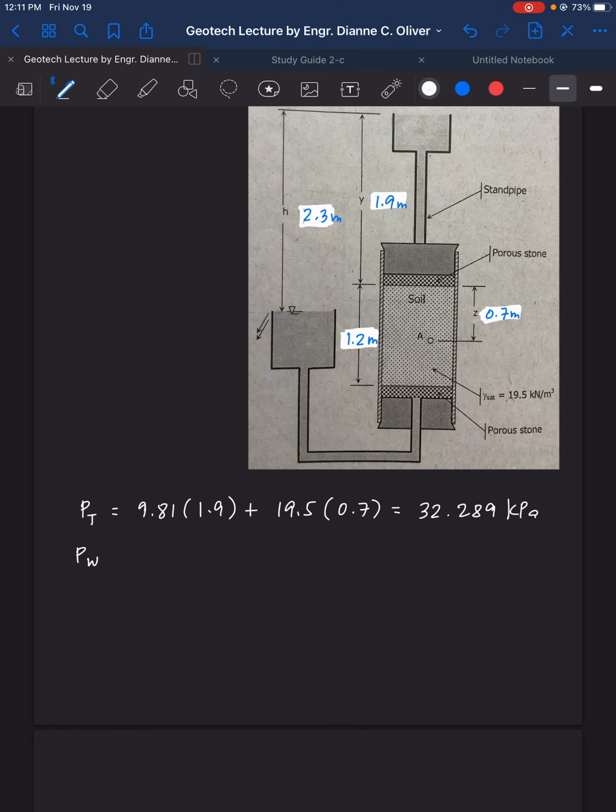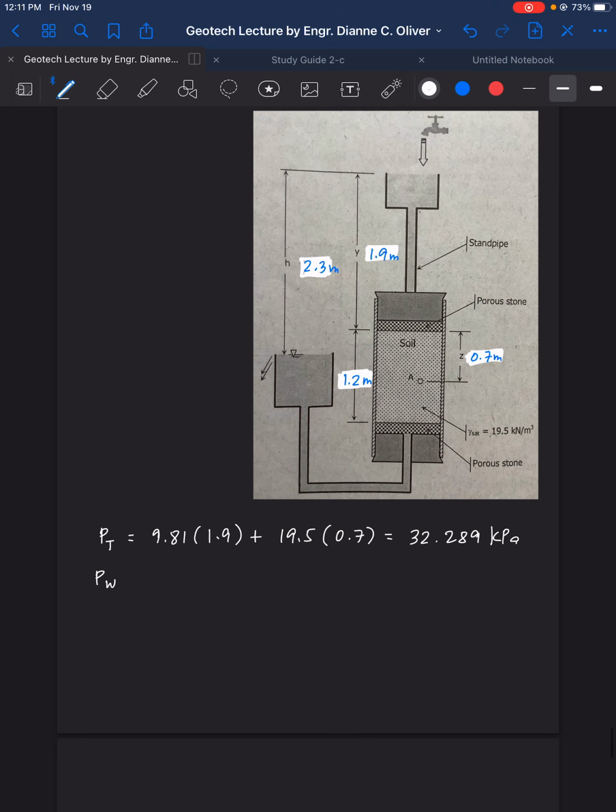Alright, so what is the value for H A? So again, let's insert a tube here. So this is the tube. And since it is a downward seepage, the water level should be below.